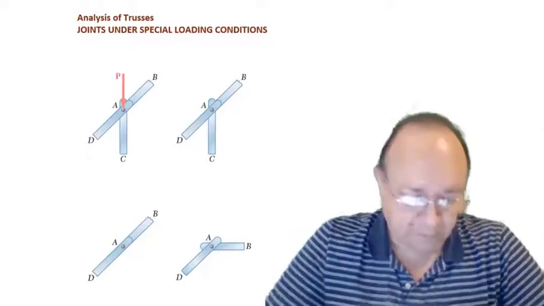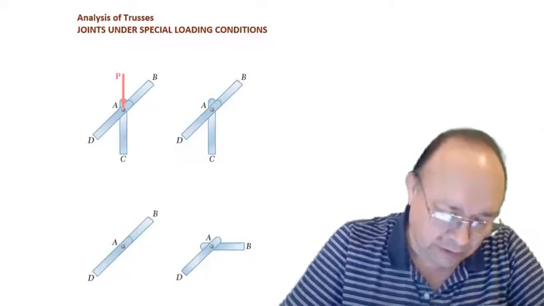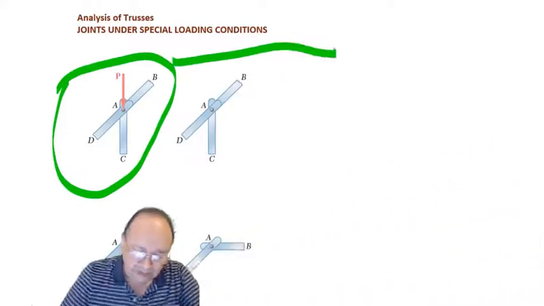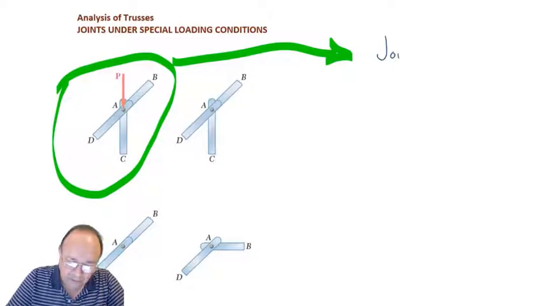Let's get started. The first joint is this one right here on the left. Let's make the free body diagram of that joint. So that will be joint A, free body diagram.